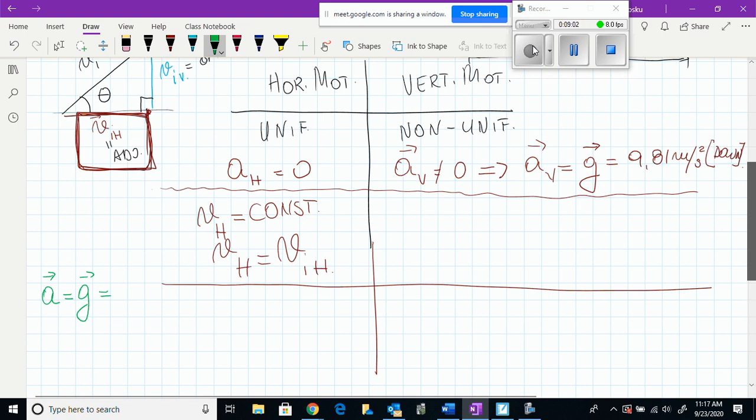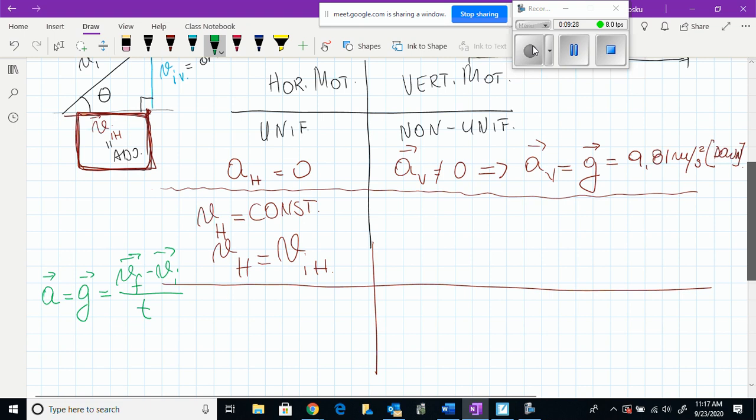This acceleration, the same as every acceleration, is v final minus v initial over the time that this acceleration is happening. The change of velocity over the time that the change is happening is the rate of change of the velocity.